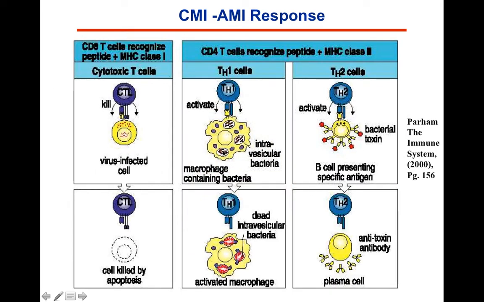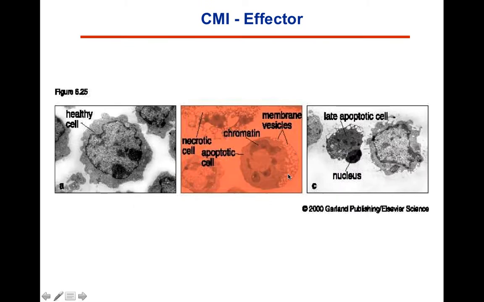As the cells become necrotic, they form bubbles, their membranes start to become destroyed, and their chromatin becomes cut up into pieces. There are DNases that go in and start to cut up the chromosomes.